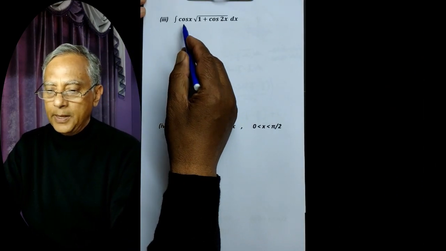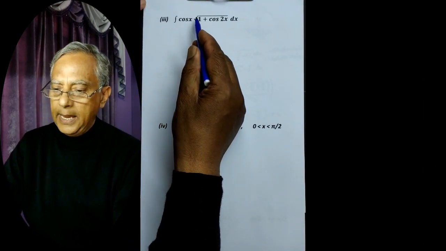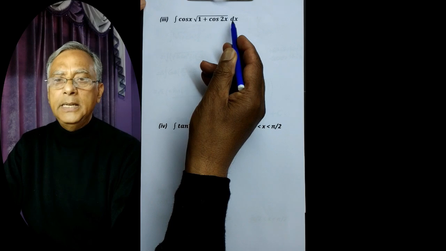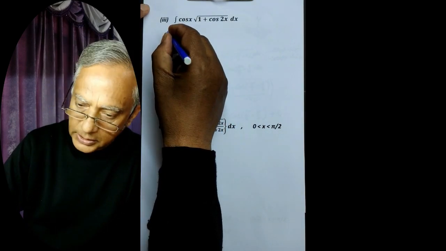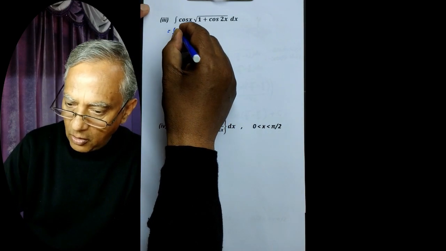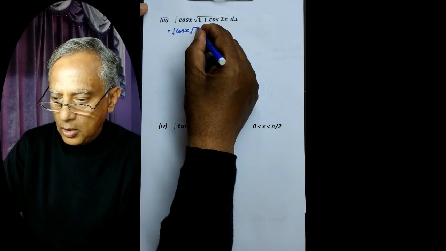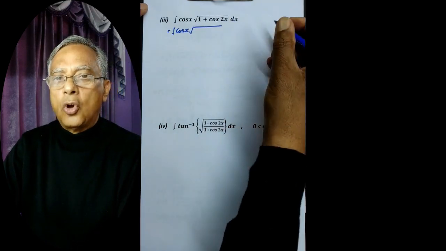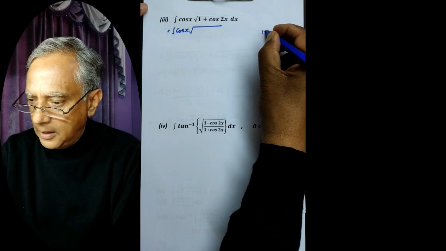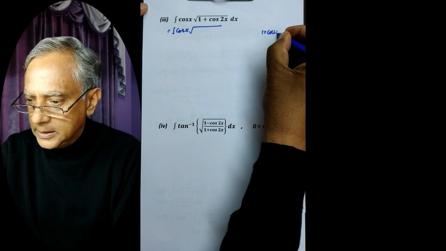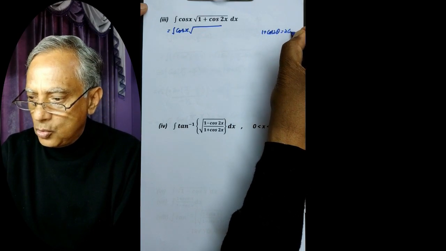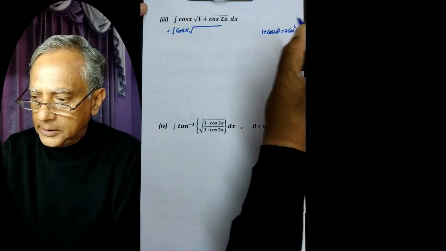Next is integral of cos x into under root 1 plus cos 2x. Now this is equal to integral of cos x into under the root 1 plus cos 2x. Now we have a formula 1 plus cos 2 theta is 2 cos square theta.